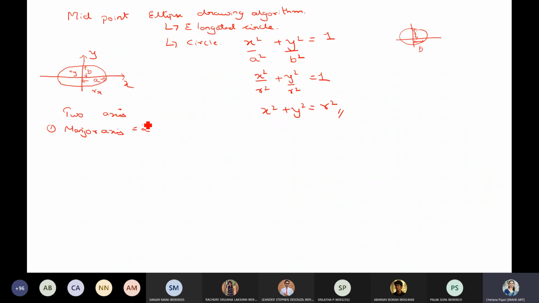So this will be 2A, or you can say 2 into Rx. Similarly, we have the minor axis or shorter axis, which is 2B. In some books they have written in terms of A and B. In a few books they have written in terms of Rx and Ry. Then half of it, if I'm considering only half of your ellipse, is the semi-major axis.